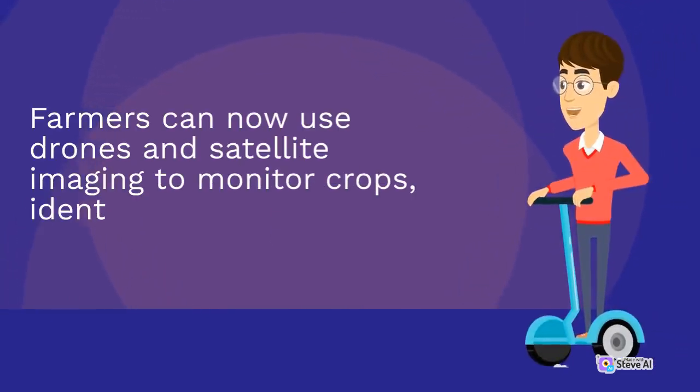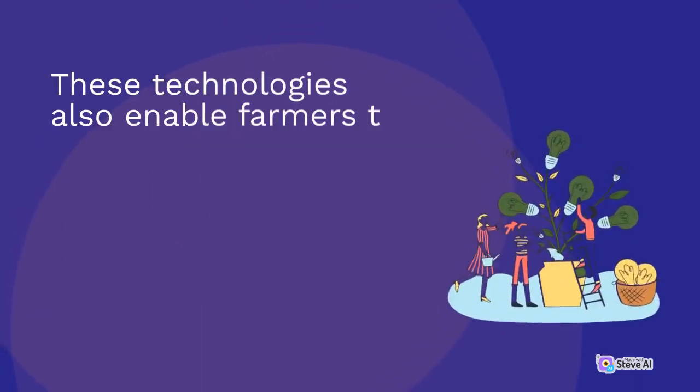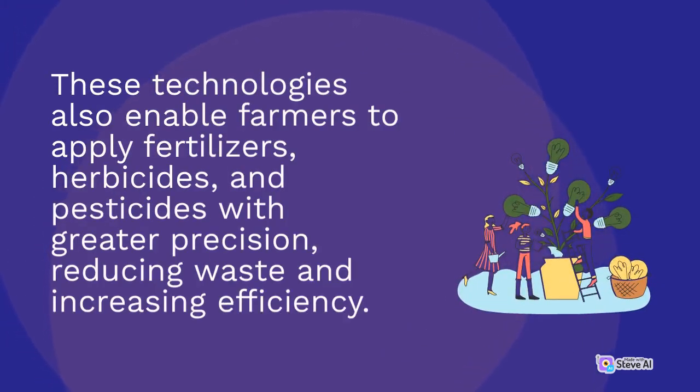Farmers can now use drones and satellite imaging to monitor crops, identify areas that require attention, and make data-driven decisions. These technologies also enable farmers to apply fertilizers, herbicides, and pesticides with greater precision, reducing waste and increasing efficiency.